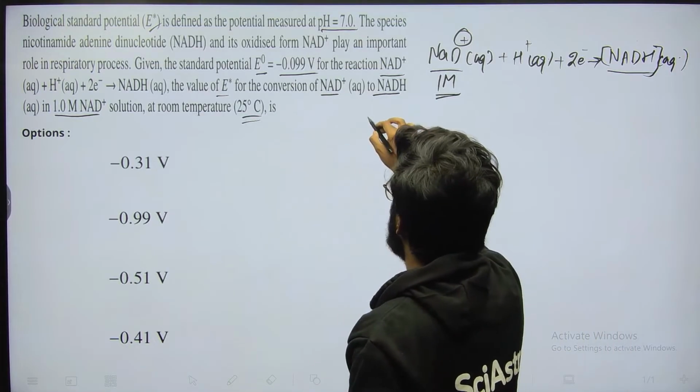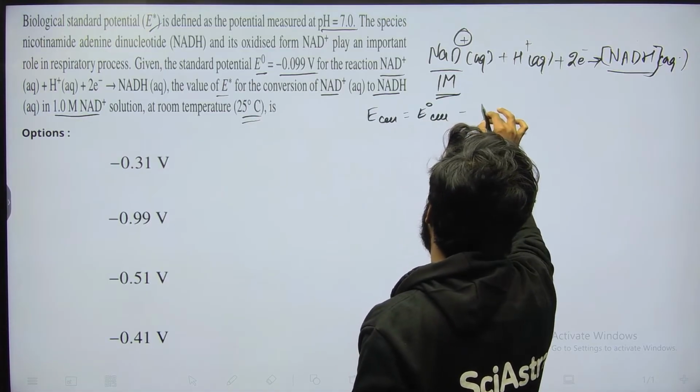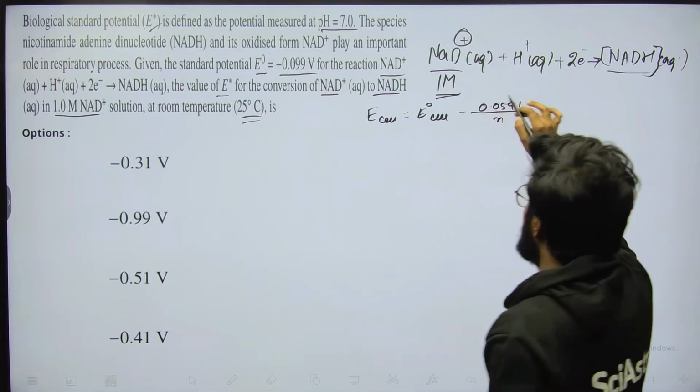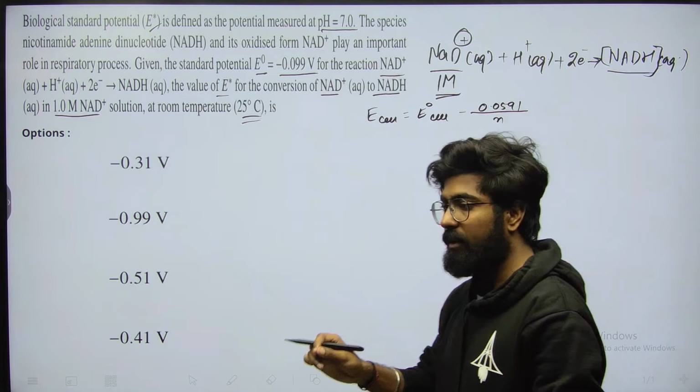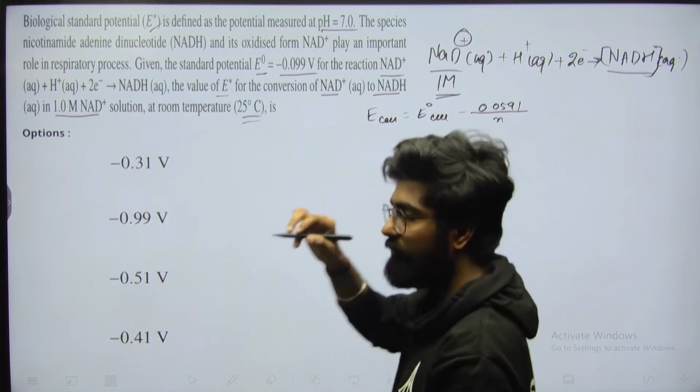So what is the Nernst equation typically written as? E cell is equal to E naught cell minus 0.0591 upon n. We use this 0.0591 upon n when the temperature is specifically room temperature. Otherwise, there is a whole new formula, RT upon nF, that you may know.